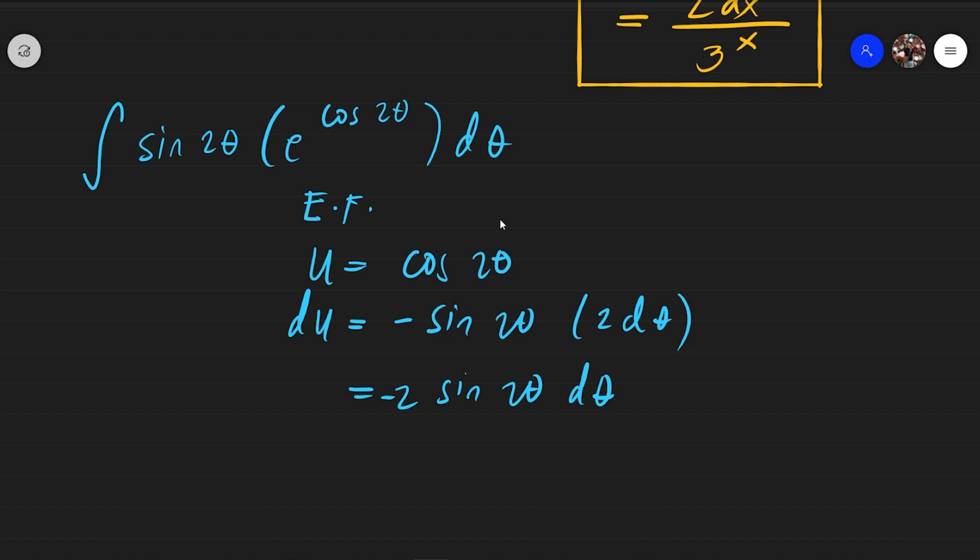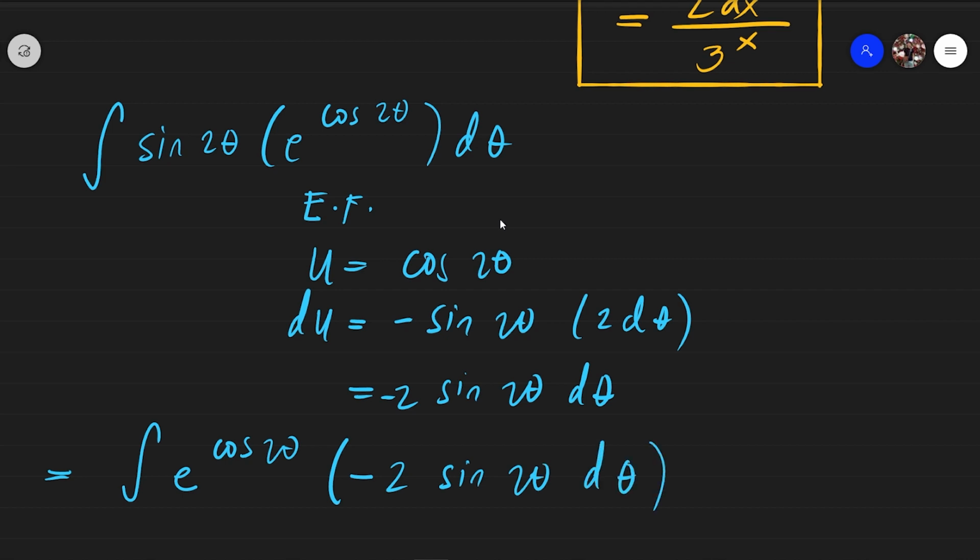Now, if you apply the left side of the exponential function formula, this will be the integral of e raised to u, where u is cosine 2 theta, multiplied by du, and your du is negative 2 sine 2 theta d theta.